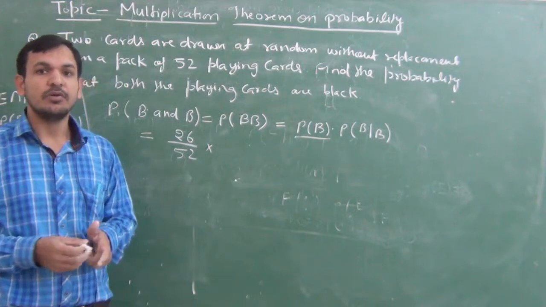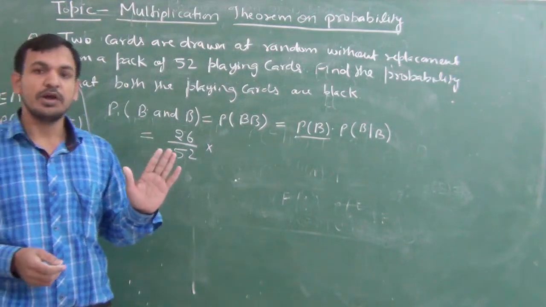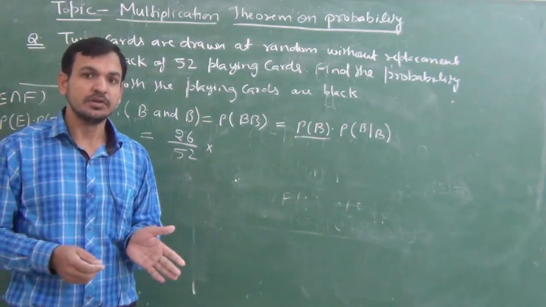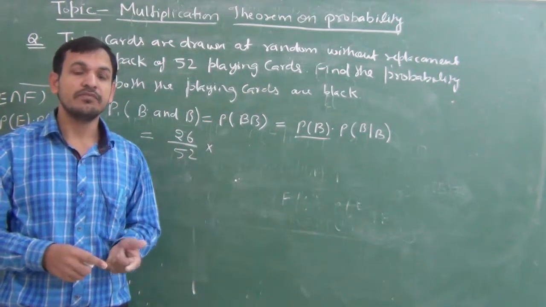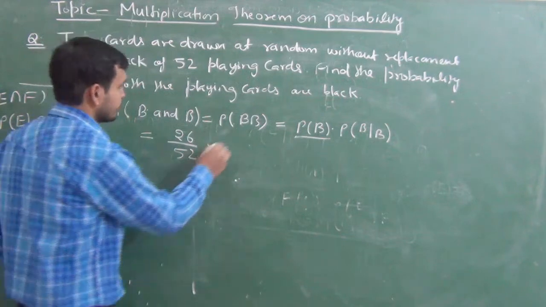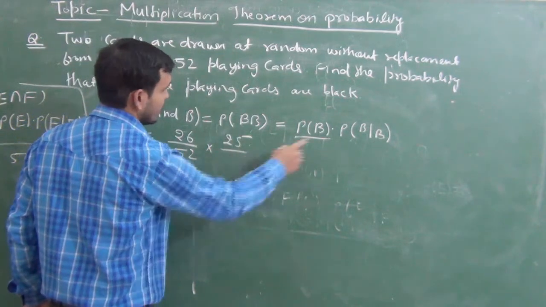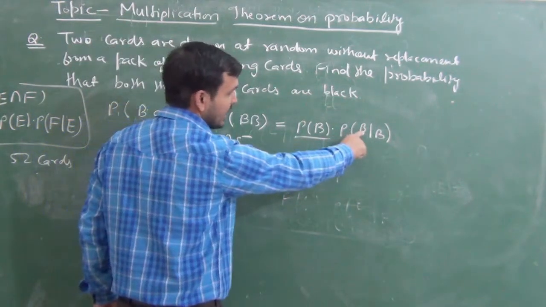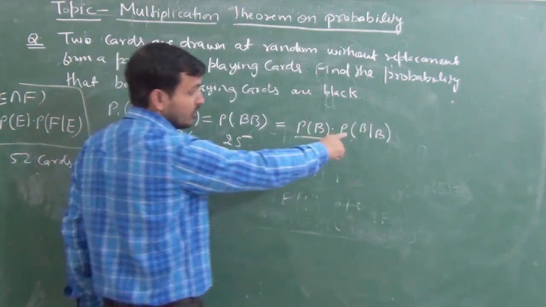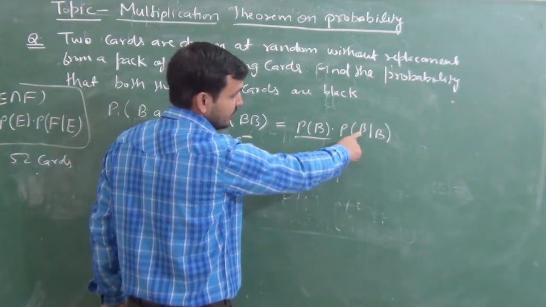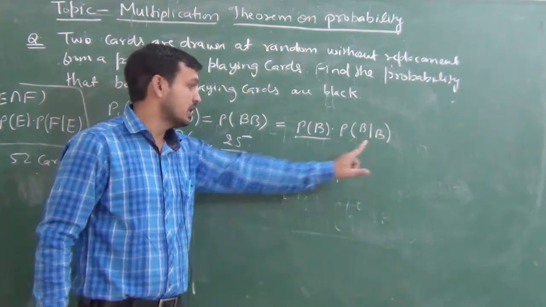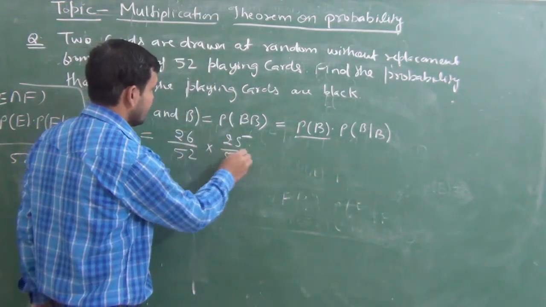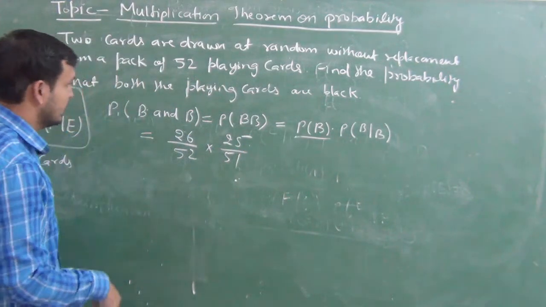So out of 26 cards now we have only 25 black cards. So the probability of taking out another black card will be 25 by 51. It means probability of taking out a black card the second time, when in the first draw we already have taken out a black card, will be 25 by 51. Clear?